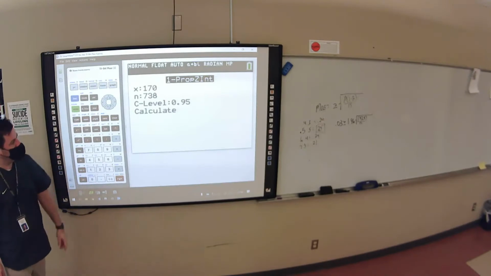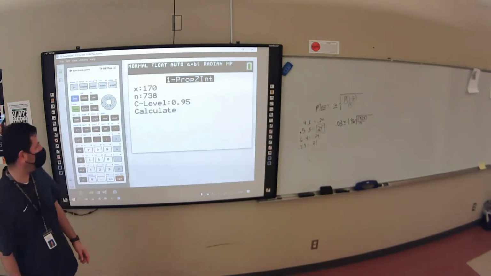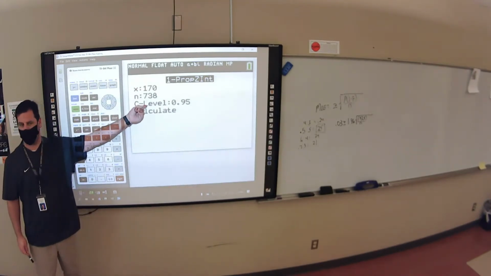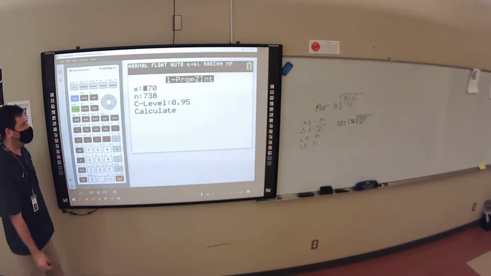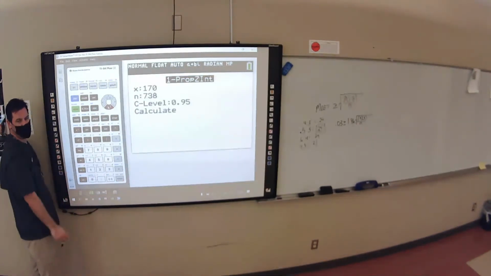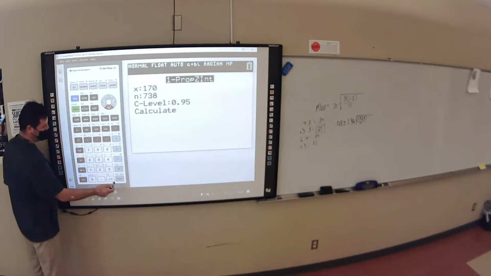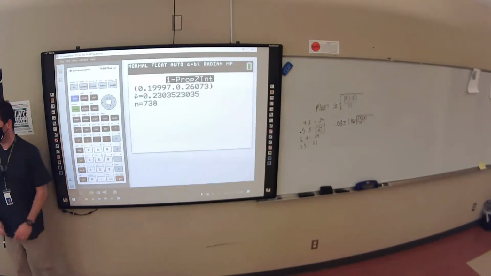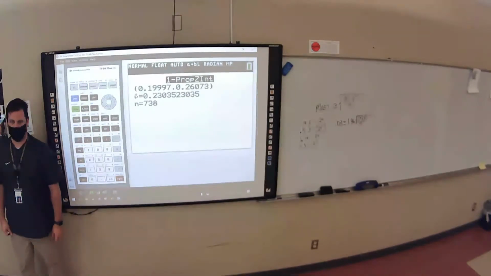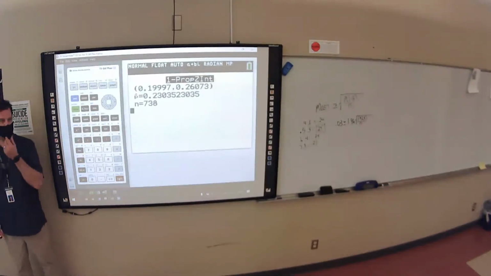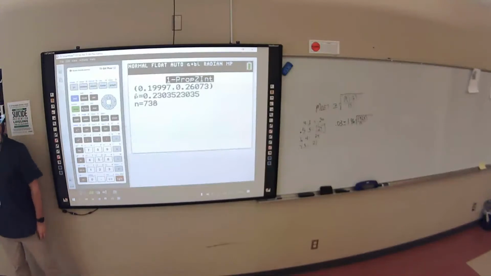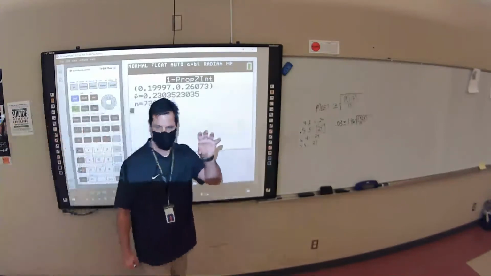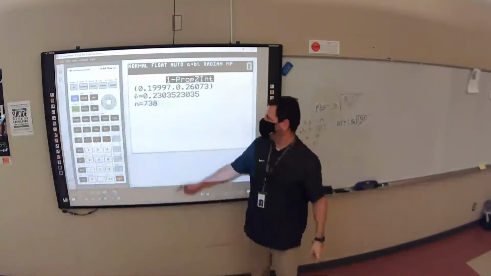X. I think it was 170 out of the 738. And I want a 95% confidence interval. And I go down to calculate and I hit enter and there it is. So it does all that mathematics for you. Fair enough? So your job is now just to write the formula, write the values, and then write this number.